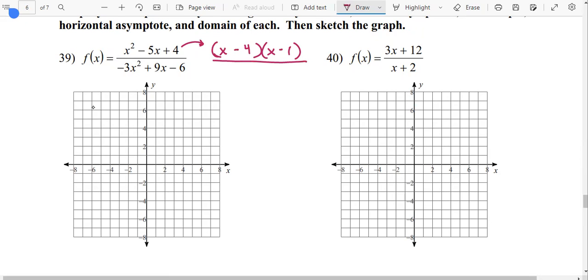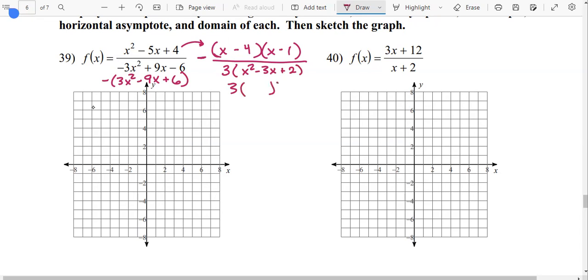Factoring this is a little more difficult. I'm going to take the negative and just put it out front. So I'm basically doing this: -3x² minus 9x plus 6. And I'm going to factor out a 3 there. So 3 times x² minus 3x plus 2.